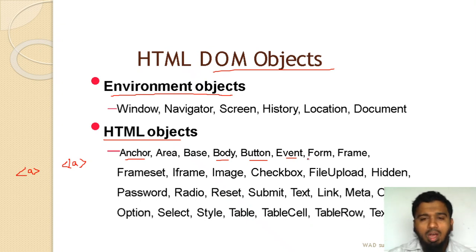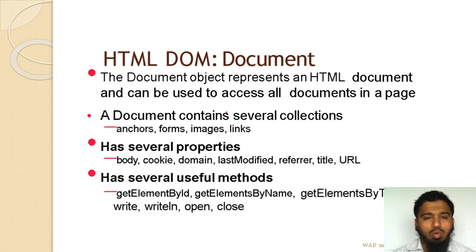These are all HTML objects. Like we already completed in the first unit, how to add the checkbox, image, iframe, radio, submit, reset. These are all HTML objects. And the environment objects are window, navigator, screen, history, location, and document.